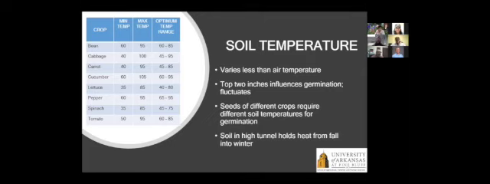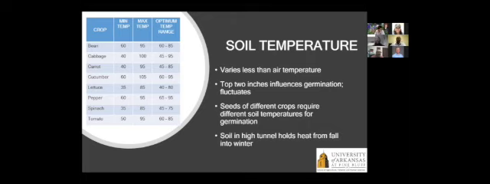Now, besides our air temperature, we also need to pay attention to our soil temperature. If you're going in there and trying to direct seed and the temperature in the soil is not right, you need to know at what temperature you need to put stuff in there.